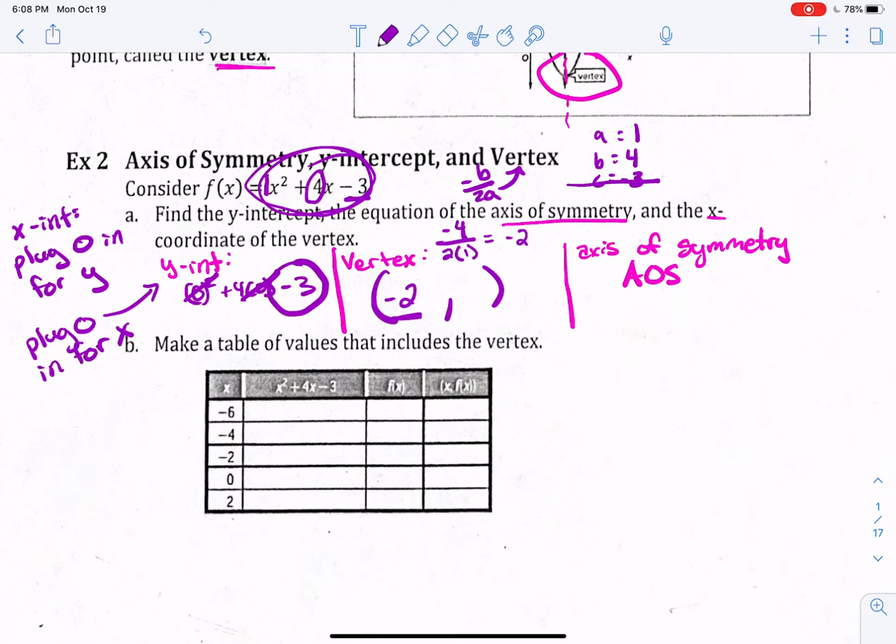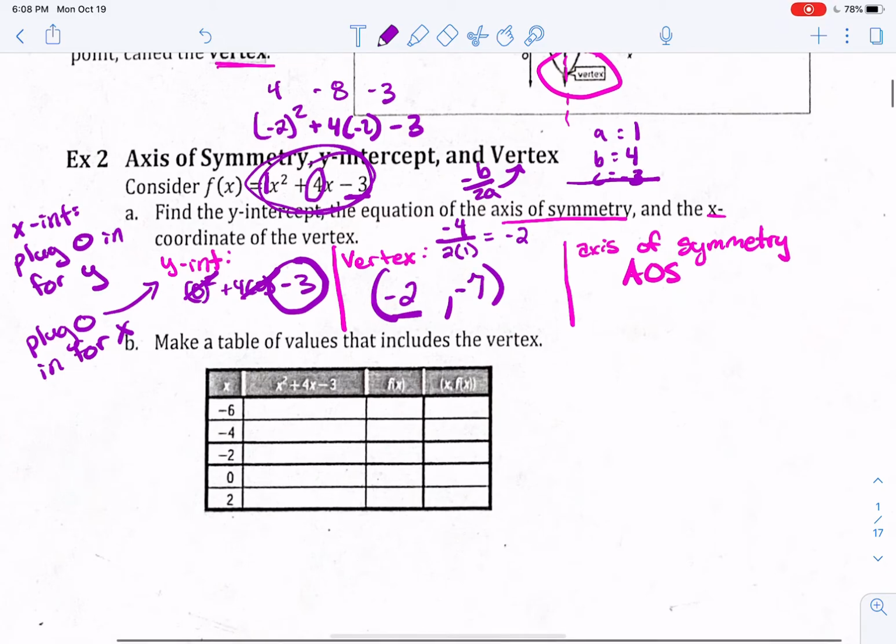Okay, so I'm going to do negative 2 squared plus 4 times negative 2 minus 3. All right, negative 2 squared is 4. 4 times negative 2 is negative 8, and then minus 3. And that's going to give me, I think, negative 7. Okay, so there is my vertex: (-2, -7).